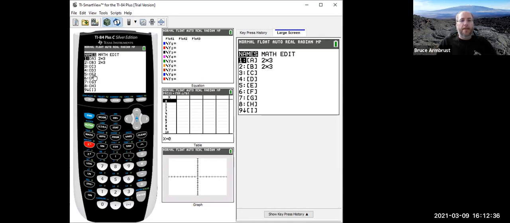Now, this has space for all kinds of matrices. They're named by their letters, so matrix A, matrix B, C, D, and so on. But what we're going to do is edit. We're going to change this matrix. I'm going to recommend you always just change matrix A, so that you're always using the same matrix every time you do one of these calculations. But if you want to arrow down and do another one, that's fine.